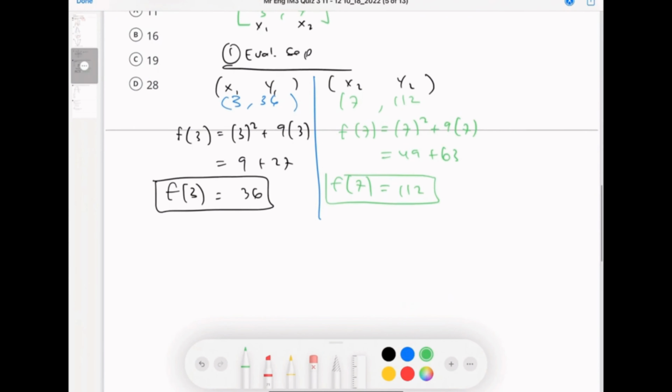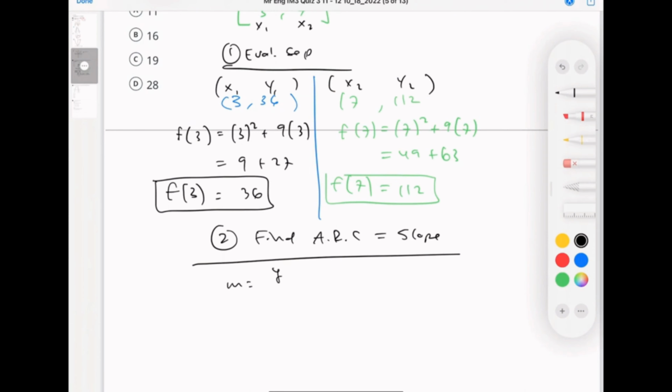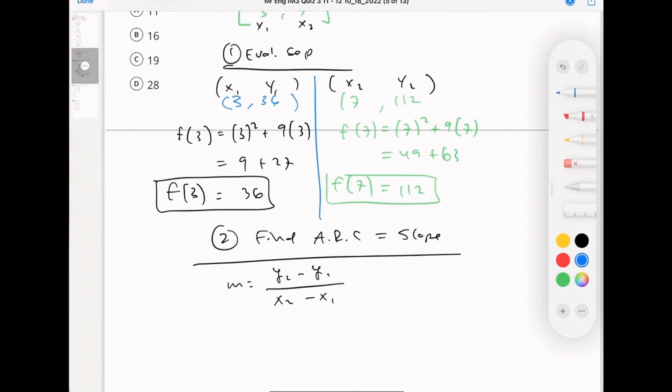Okay, the next thing you're going to do is we're just going to find the average rate of change, which is basically slope. My formula is y2 minus y1 over x2 minus x1. My y2 value is 112. And I want to point out that it must have the minus sign in red. My y1 value is 36.